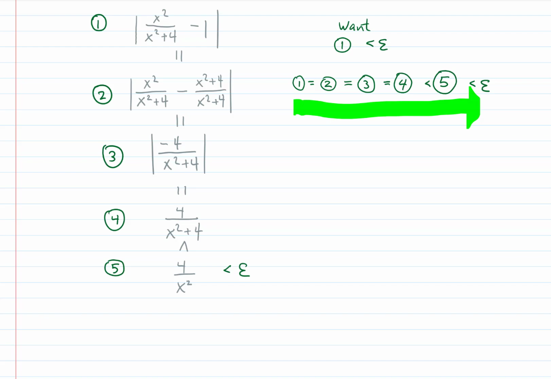So my original goal is to make line 1 less than epsilon, and I have been able to replace that with an alternate goal, which is to make line 5 less than epsilon, and then that will automatically make line 1 less than epsilon.